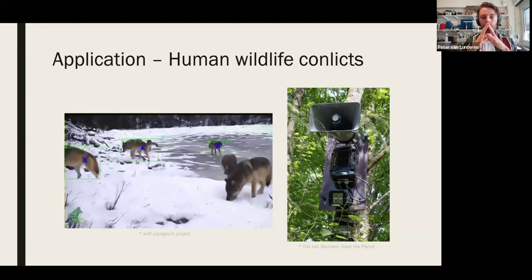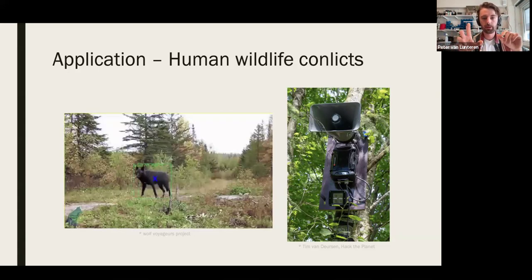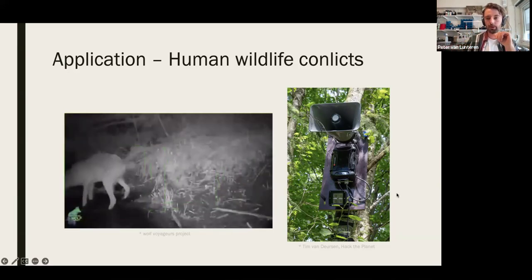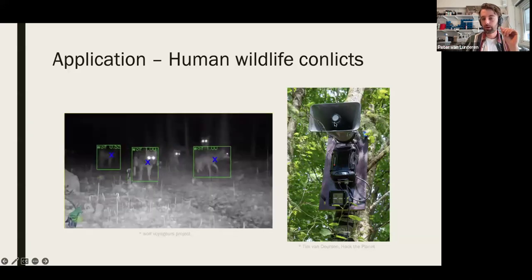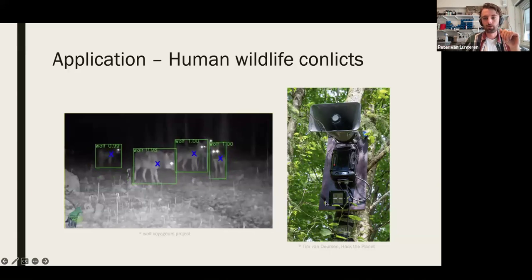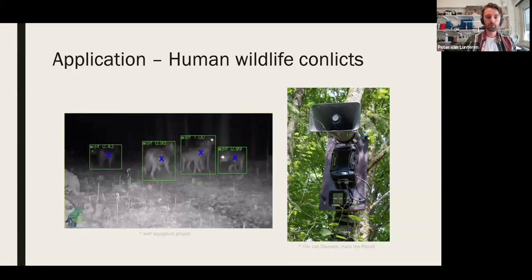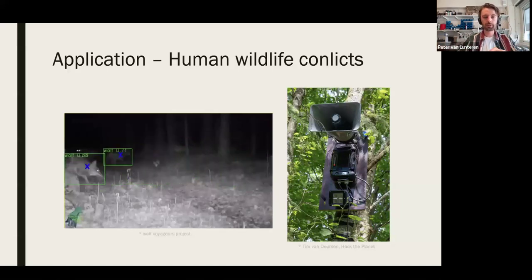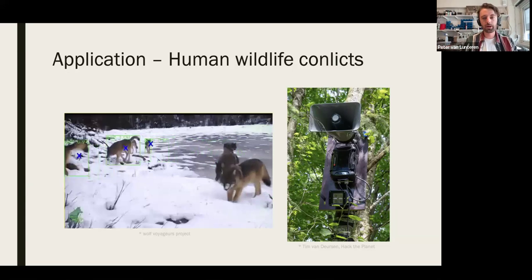With an active setup, which can detect wolf in real time, you can send off a signal to a deterrent, something like this, where it will play a sound or maybe some lights flash to scare away the wolf. So you could hang up a few of these cameras around a village, for example, and if one detects a wolf, the wolf would get scared away before it can enter the urbanized area.